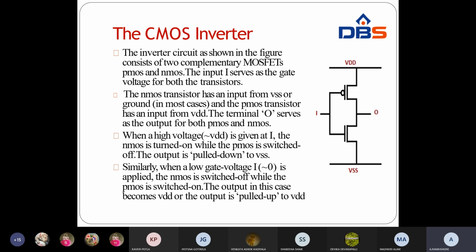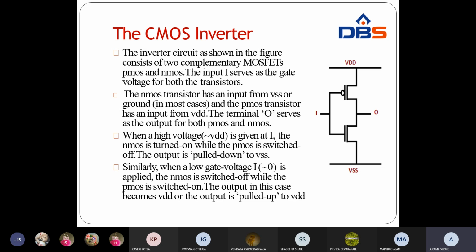So in case 1, whenever the input is 0, the PMOS is in the on condition and the NMOS is in the off condition. Due to the off condition of the NMOS transistor, the circuit will break between output O and VSS, since the NMOS transistor is an open switch. Because of that, the VDD voltage will flow to the output.